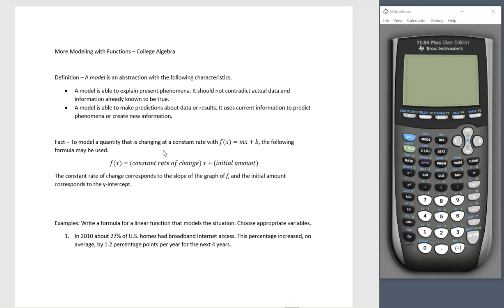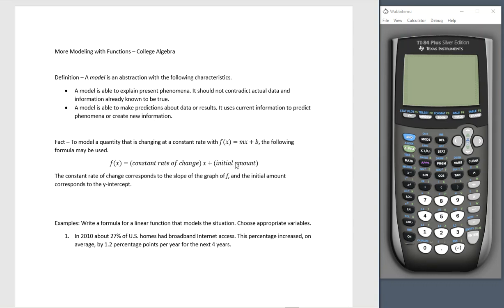All right, so a fact. To model a quantity that is changing at a constant rate, this is important, changing at a constant rate, with f of x equals mx plus b, the following formula can be used. So the constant rate of change, so if the ocean is rising by 0.01 meters annually, the 0.01 is the constant rate of change.